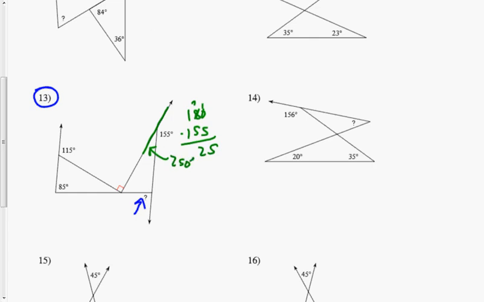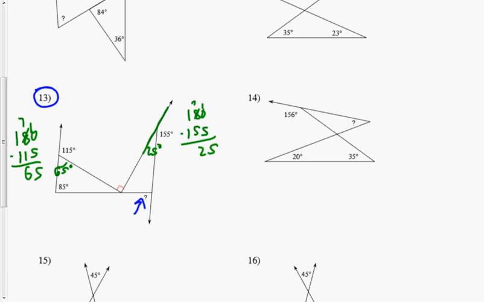Now we've got to find the lower left angle here. Let's use what we have. We could find this angle by doing 180 minus 115. We have another linear pair there. Okay, so when I subtract that, I get 65. So that's a 65 degree angle.